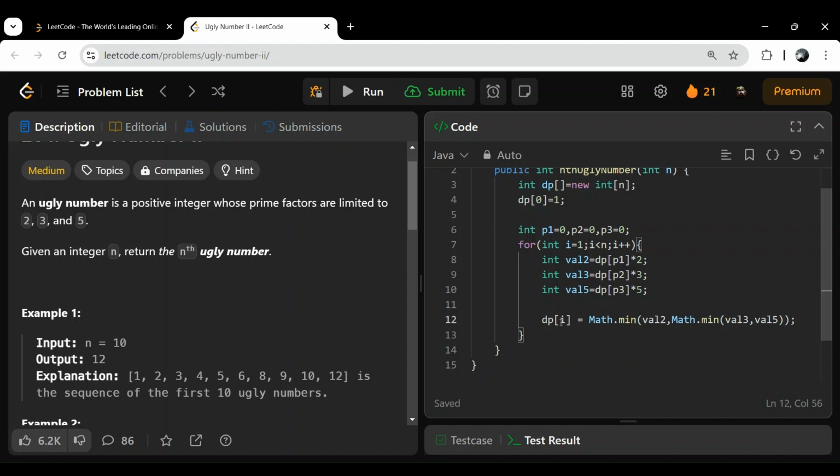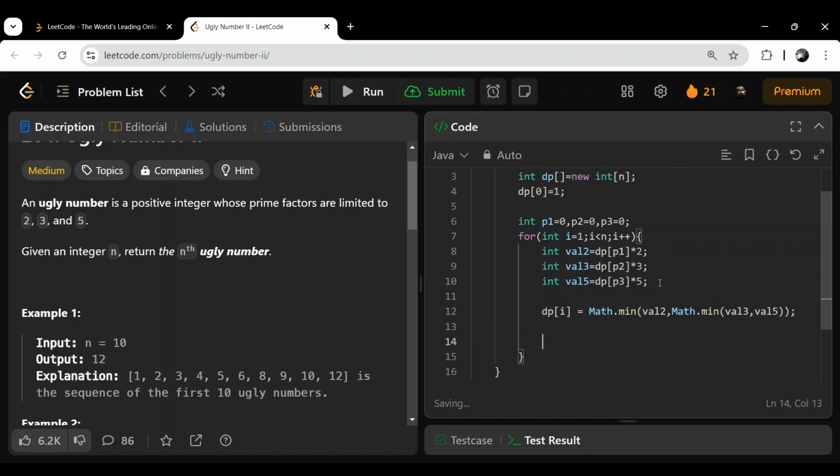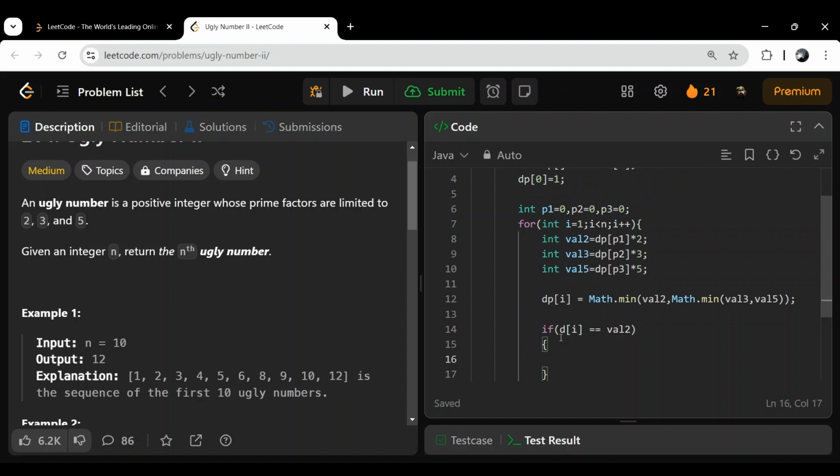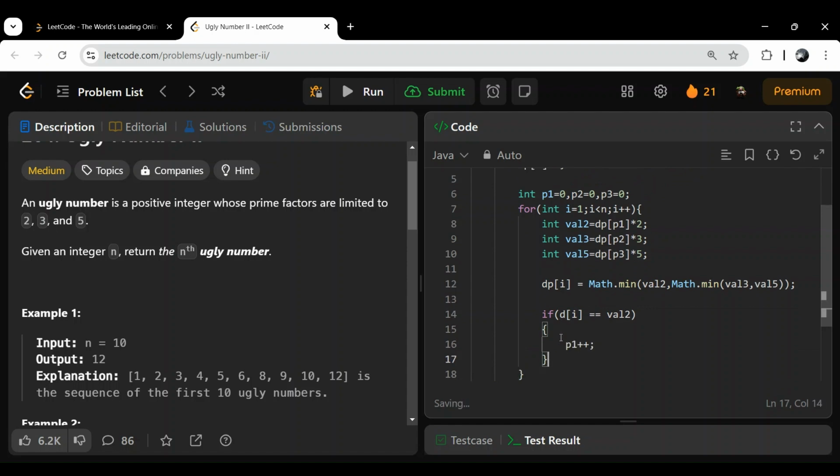So in this way we have found the minimum of 3. Now we have to increment also, right? Whichever pointer we have chosen, we have to increment. If dp of i is equal to val2, then p1 plus plus.